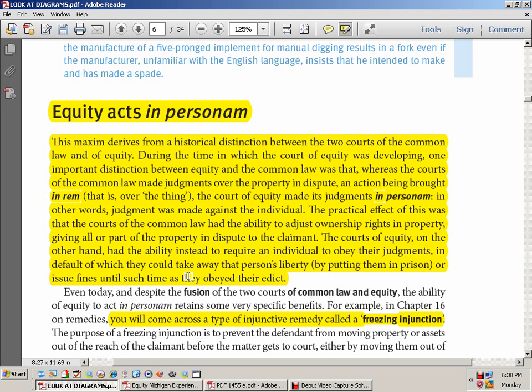So, if an attorney's coming after your house, he's coming after the thing. He's coming after the paper. And you're going to go to equity, and since he's the plaintiff or acting as a plaintiff, he's the one that we're going to go after in personam and say, I don't believe you have a contract with the bank.